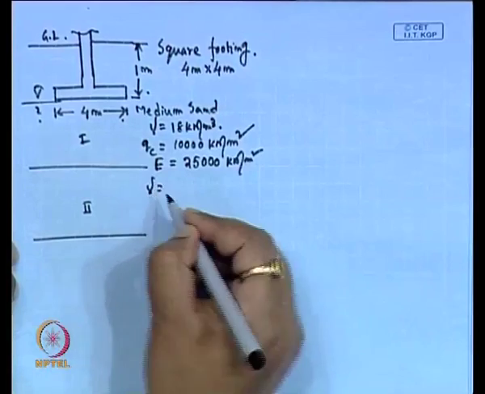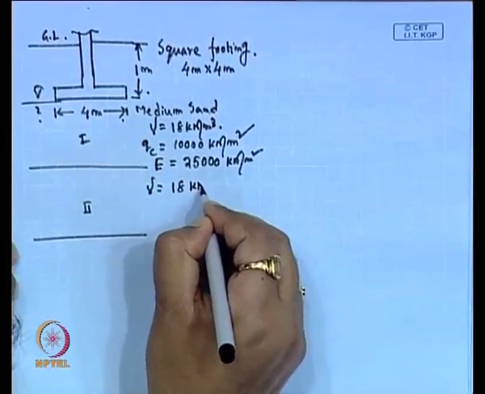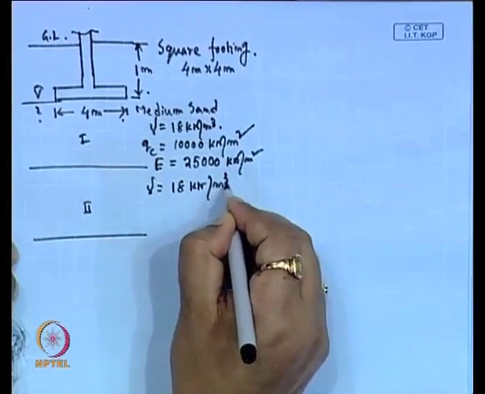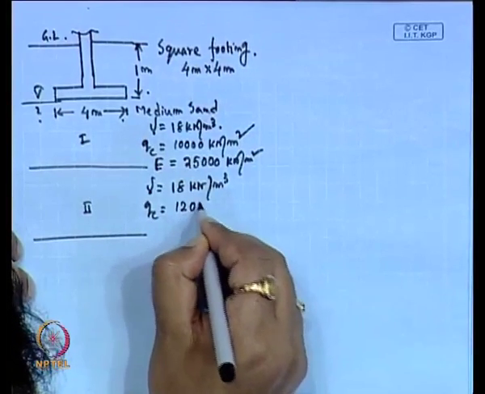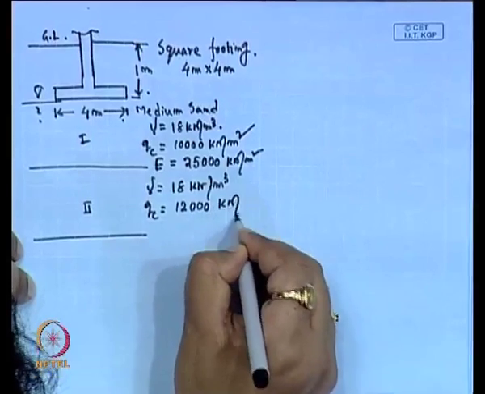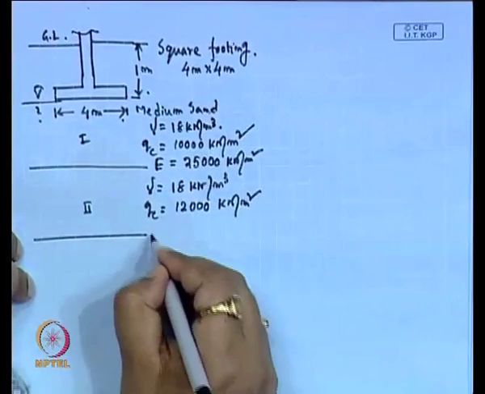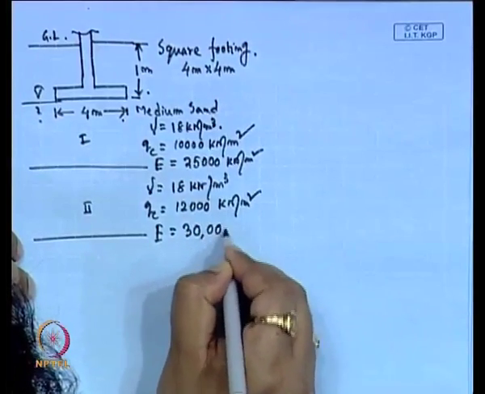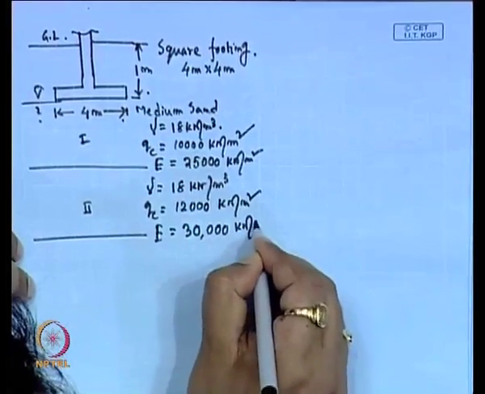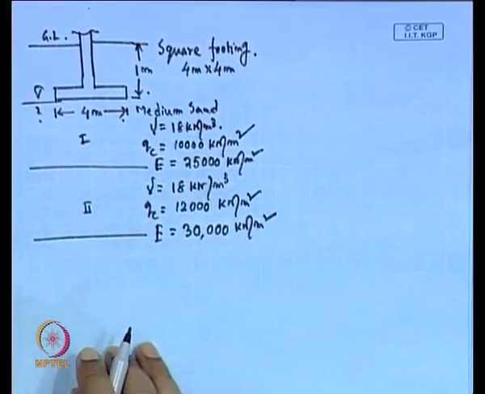For the second layer we assume the same gamma, 18 kilonewton per meter cube. QC value we are taking 12,000 kilonewton per meter square and E for the second layer is 30,000 kilonewton per meter square.